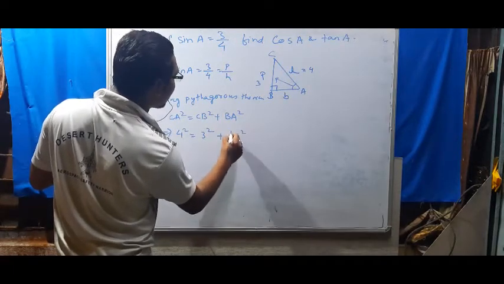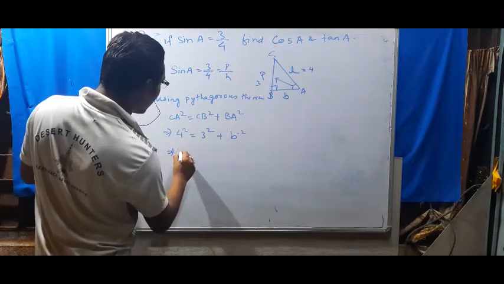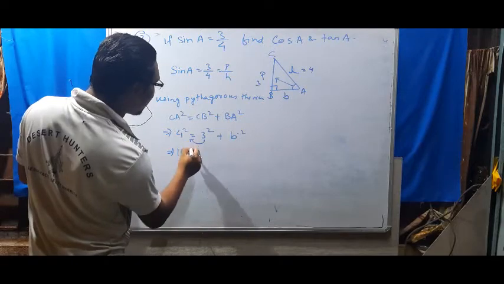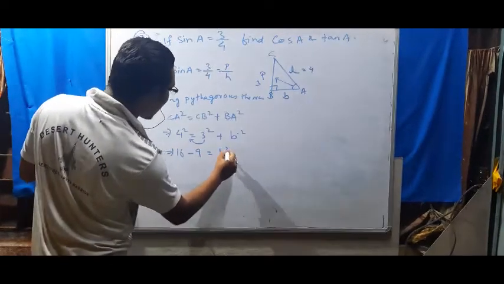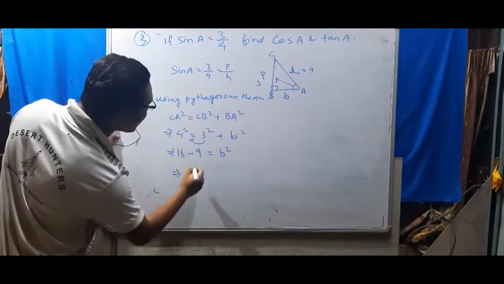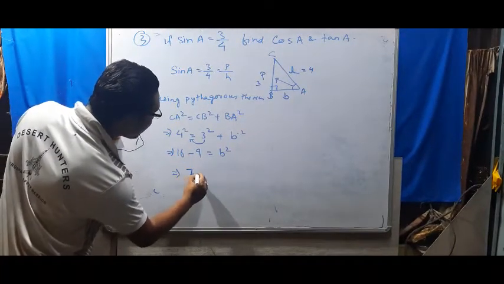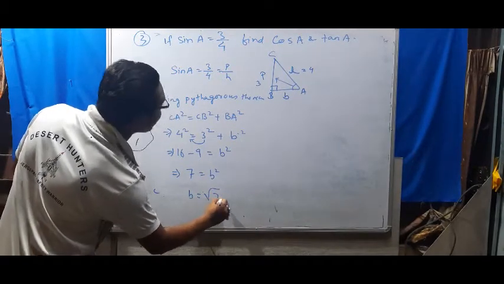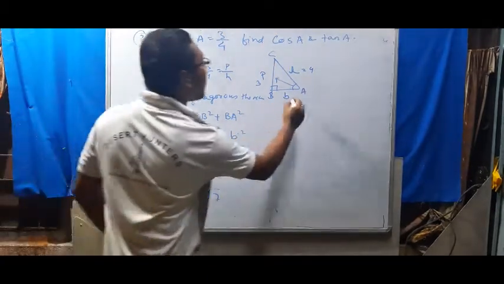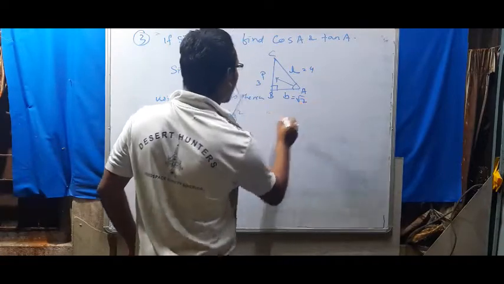So 16, this 3 square will come here and become minus 3 square, means 9, is equal to B square. 16 minus 9 is 7, is equal to B square, or B is equal to root over 7. Okay, so B is equal to root over 7 we got.